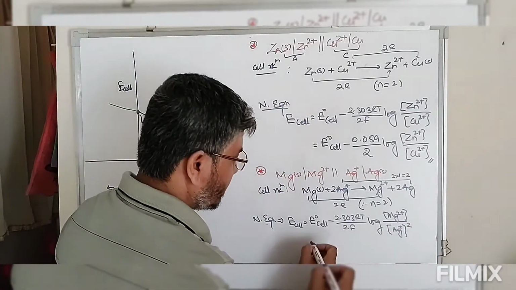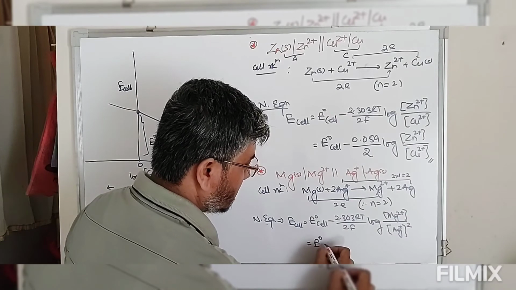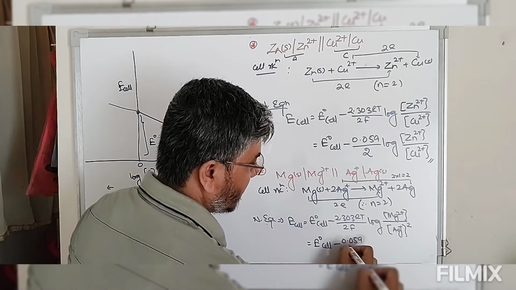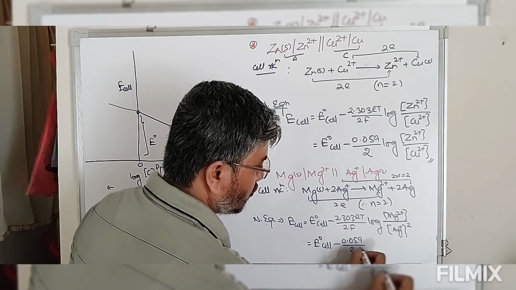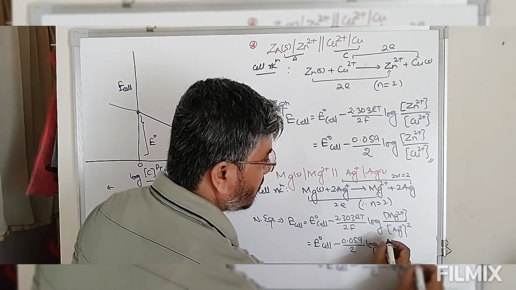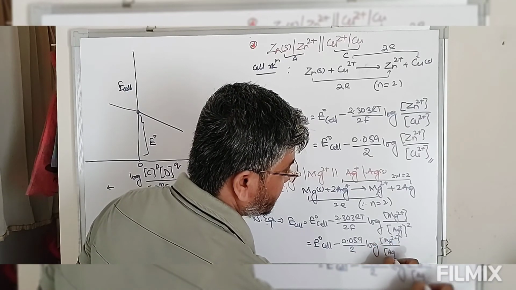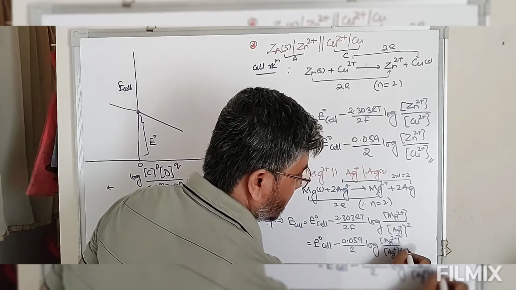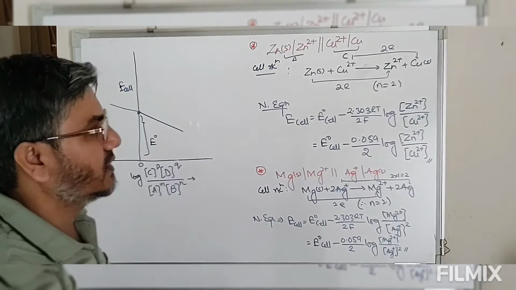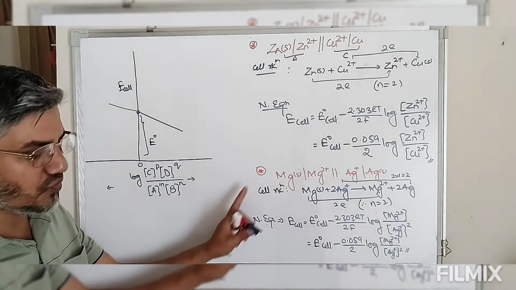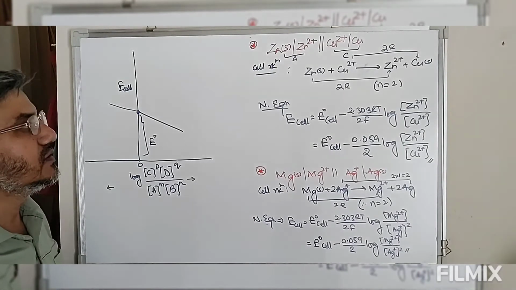If this is at room temperature condition, we can replace this value as E naught cell minus 0.059 divided by 2 log of concentration of magnesium plus 2 divided by concentration of Ag plus square. This is the Nernst equation. How to write the Nernst equation?